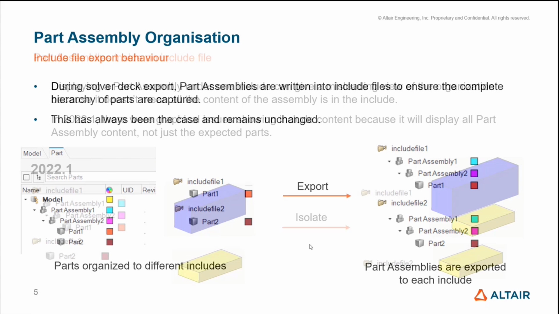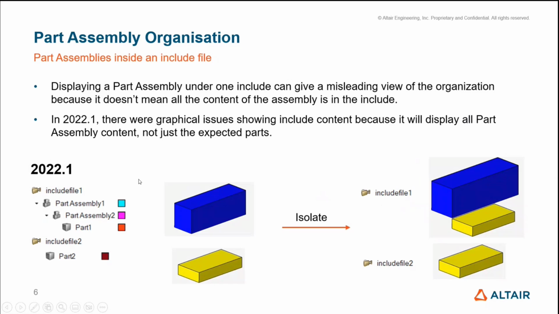What we were seeing previously, when you were looking at your model, you would see the part assembly organized into one of the includes. You can't see that it's in both. So it was giving a misleading view of the model organization, because where the part assembly lives in the include doesn't necessarily mean that all of the content of the part assembly also lives there.